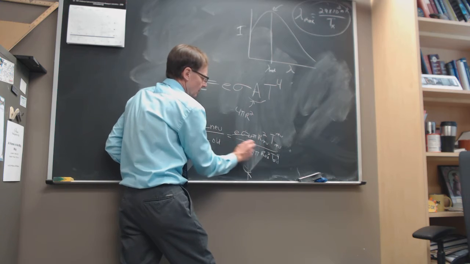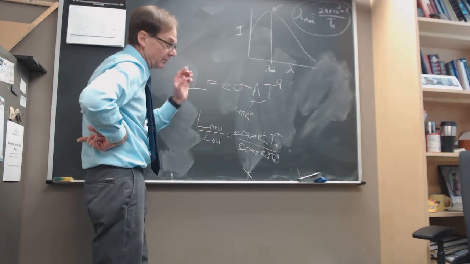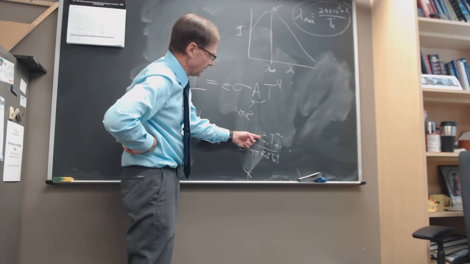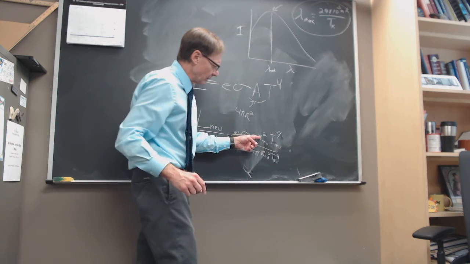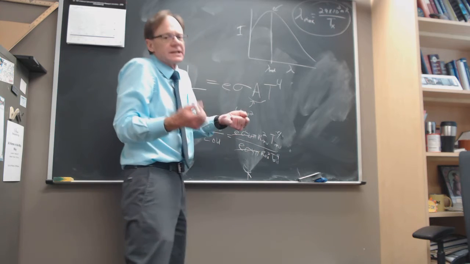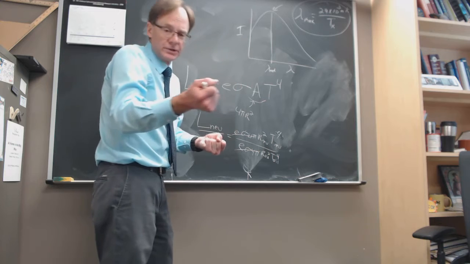And all those constants go away. And so the ratio of the brightnesses of two stars, for example, or one star as it undergoes evolution, is r squared T to the fourth divided by r squared T to the fourth. So there are two things that can change the brightness of that star, the radius and the temperature.